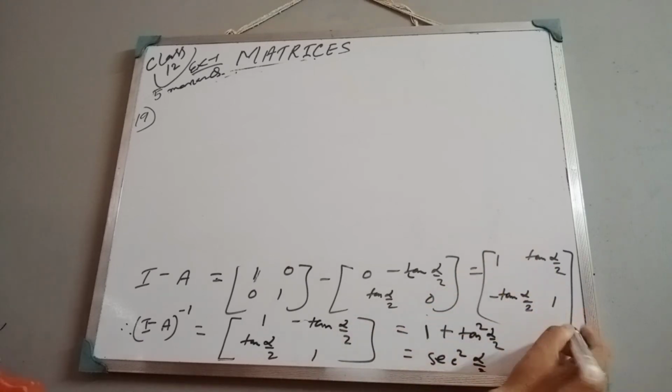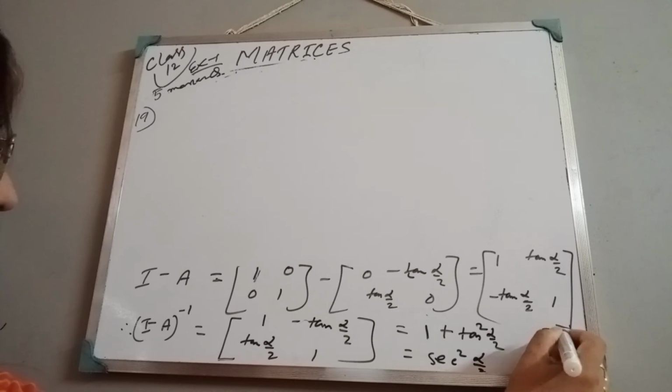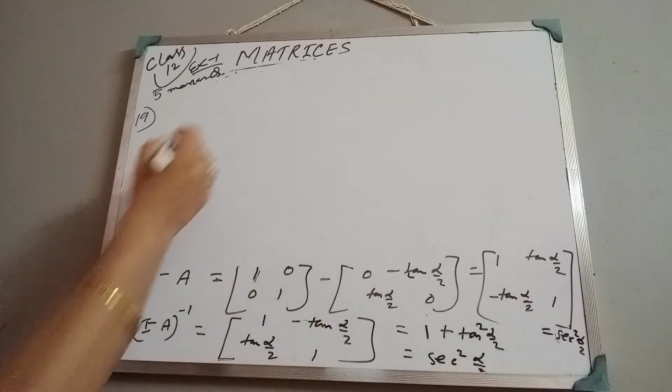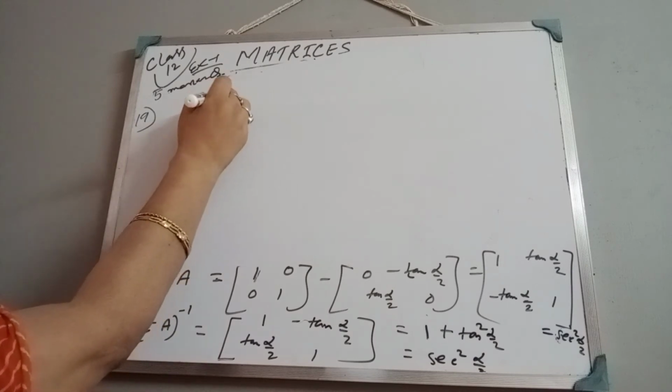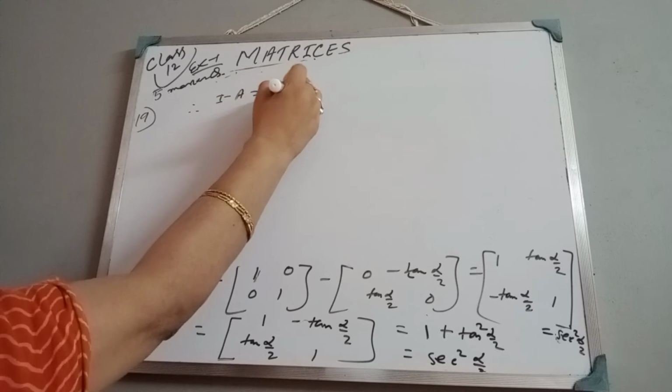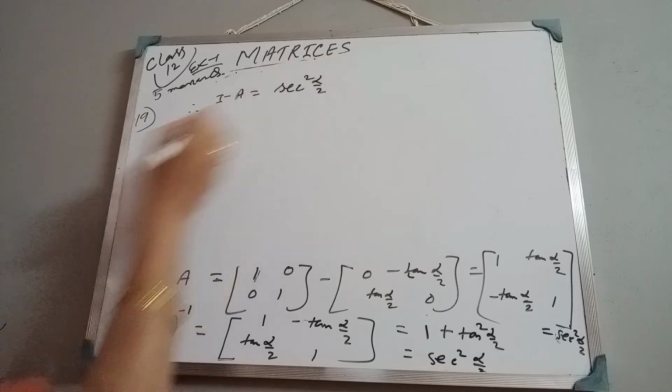So this term is also 1 plus tan square alpha by 2, directly we can write sec square alpha by 2. Therefore, I minus a is equal to sec square alpha by 2.